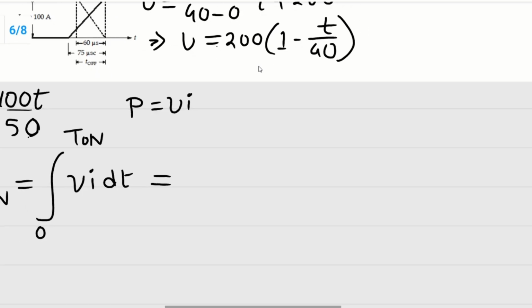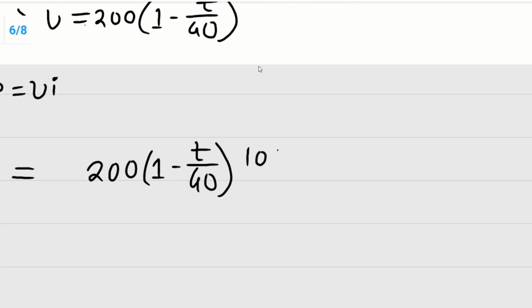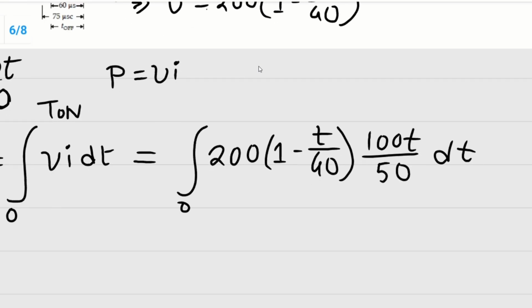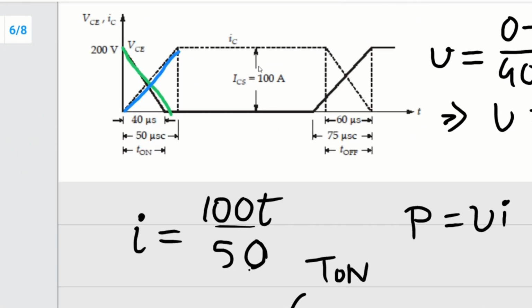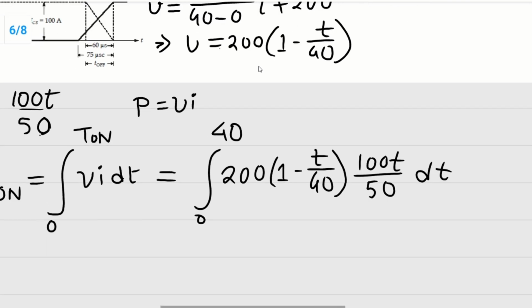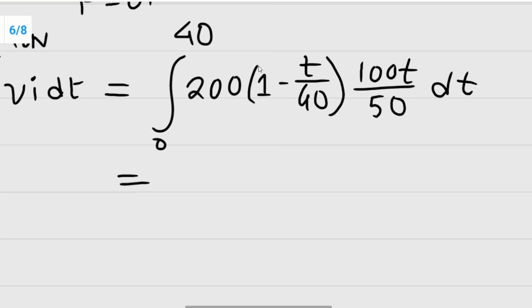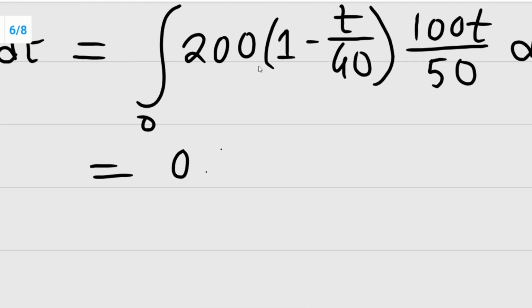Writing the equations here: 200 (1 minus t by 40) into 100 t by 50 dt. The duration is 0 to the turn-on time, which is given as 40 microseconds, so it will be 40. This is a very simple integration, and we get the value of 0.1067 joule.